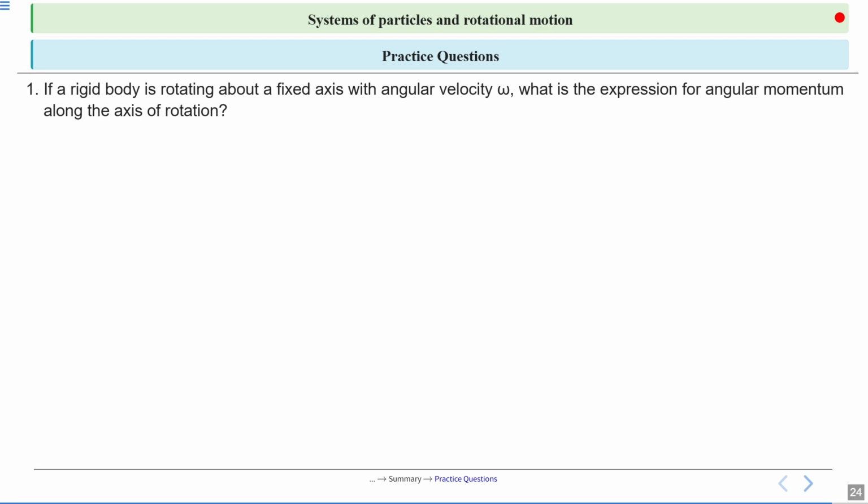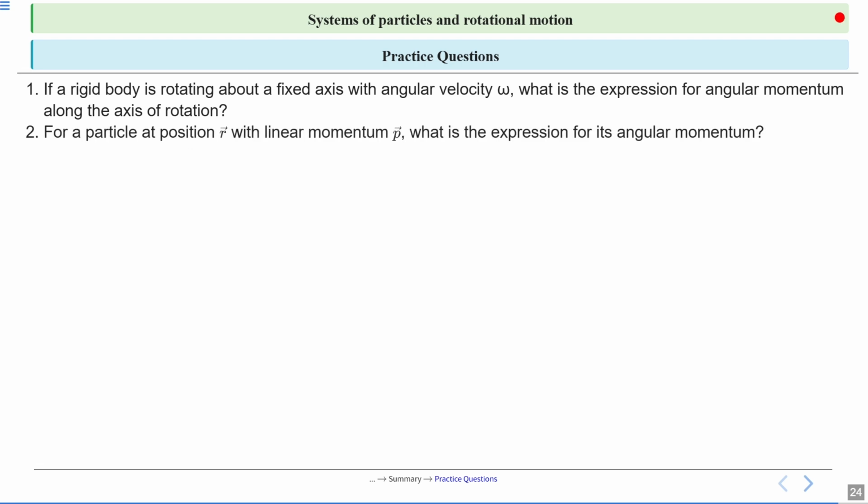In this question, you have to find the angular momentum along the axis of rotation. Second question, for a particle at position r with linear momentum p, what is the expression for its angular momentum? Here you have to find the expression for its angular momentum.